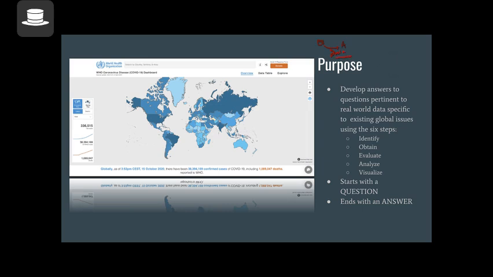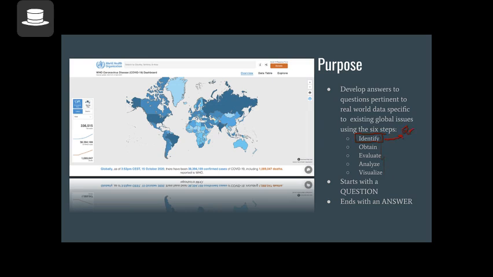Now, for you to go from question to the answer, or even to develop a question that is appropriate, you should be able to go through these steps and learn the skills specific to them. First of all, once you have ascertained a question, you have to identify a relevant data set that would help you answer this question.